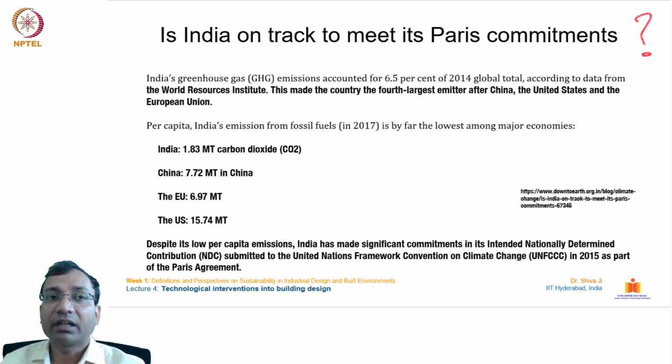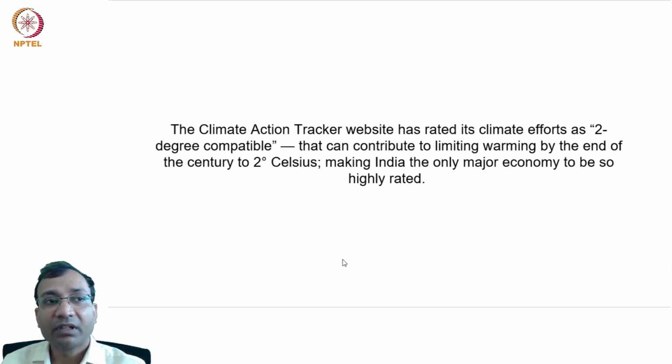So you can see over here, even though India is not one of the bigger emitters, India has still shown its resolve to fight the crisis of global warming and its impact on the planet. The Climate Action Tracker website has rated its climate efforts as 2-degree compatible, that can contribute to limiting warming by the end of the century to 2 degrees centigrade, making India the only major economy to be so highly rated.